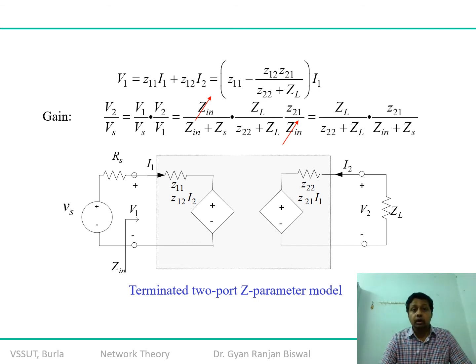So it is now the ratio of V2 by V1 into V1 by Vs. I hope you can understand this ratio. You can get the value of Z input upon Z input plus Zs, that is your ratio of V1 by Vs, and you get the rest of the quantity from the previous equations: ZL upon Z22 plus ZL, into Z21, upon Zi. You simplify these equations, and ultimately you can get this ratio.